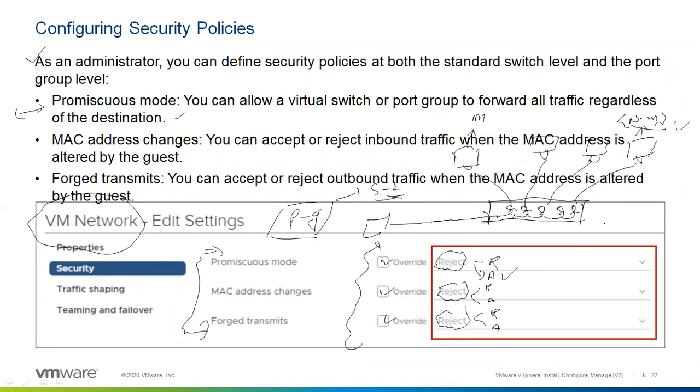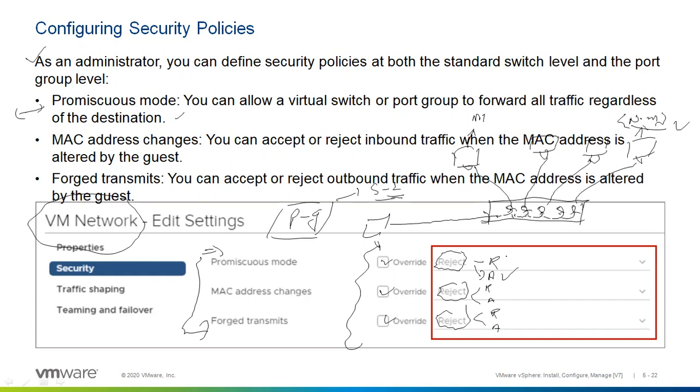In this way, probably have you heard about hub? Hub was the networking device that was introduced earlier. That's the nature of a hub by default. If any traffic is received on any physical port, it is broadcast. Same way here, if any traffic is received here, that will be copied to another port also. If we are using any network monitoring tool, we can capture which port is receiving what kind of traffic.